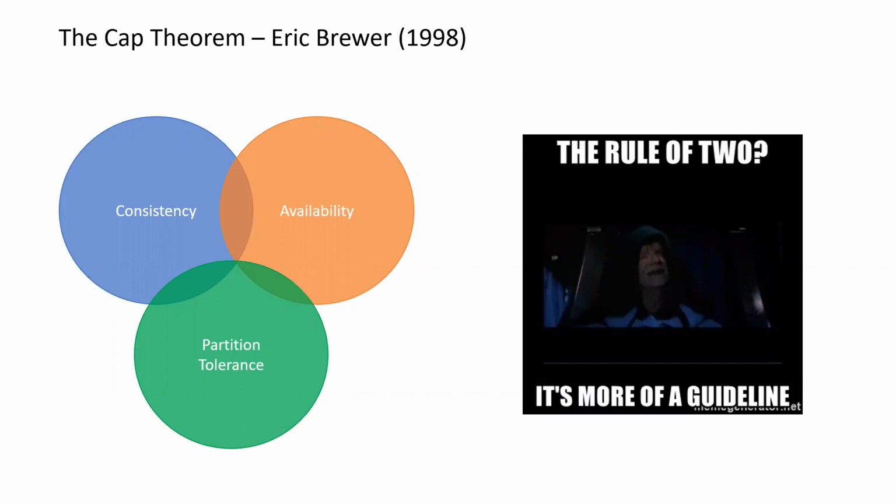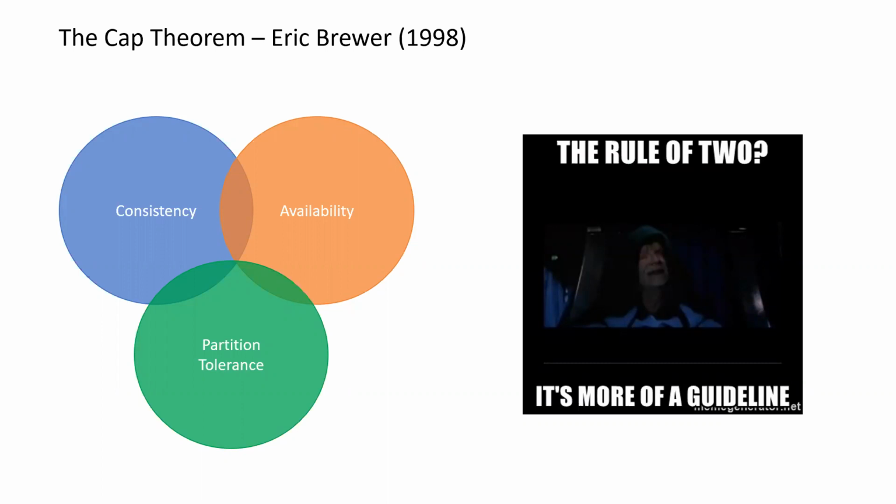He stipulated that you'll almost never find an AC system, because any system that's not tolerant of partition or network faults is not going to be a very reliable system. So AC is out. Thus, the two systems that we often would see are a CP or an AP system.